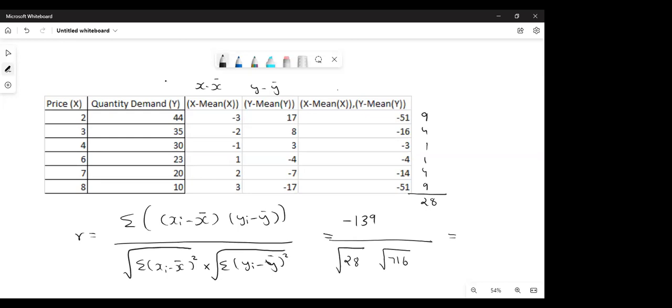Can you solve this? Okay, so some people may not be comfortable in Excel. Some people are, yes. It depends upon you. Either do it on pen and paper or on Excel. It is your choice.